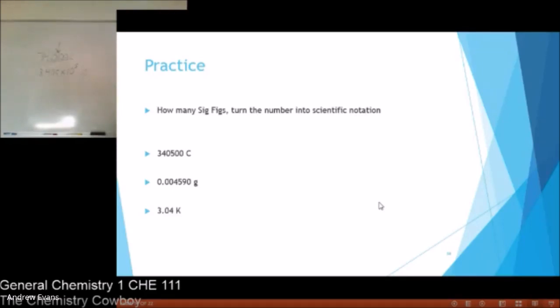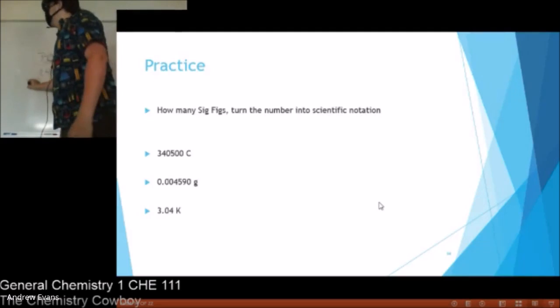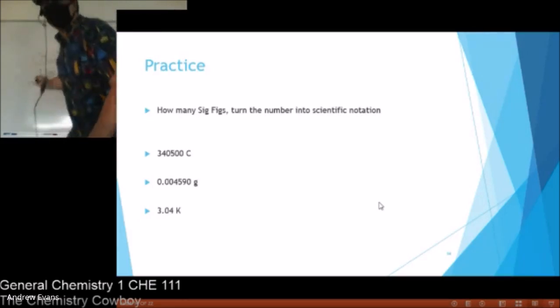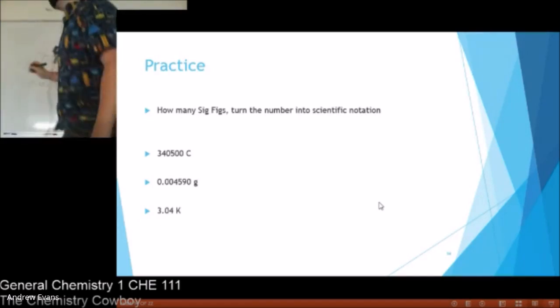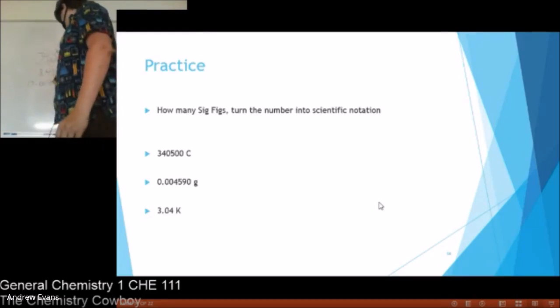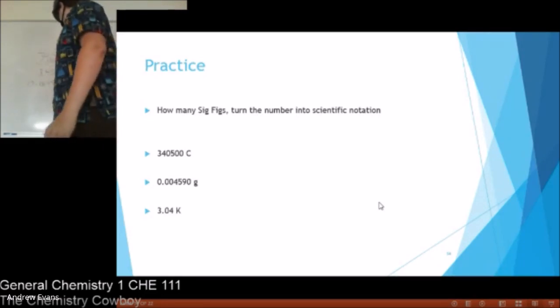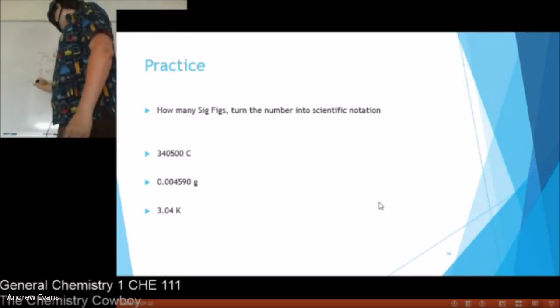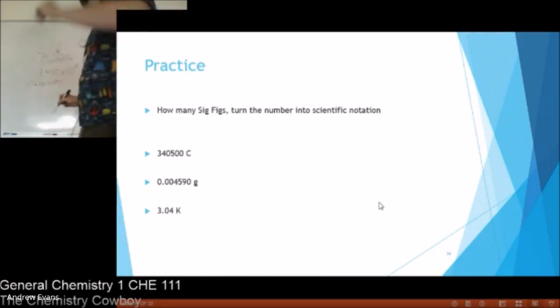So we keep only the significant figures, or the significant digits, while we turn this into scientific notation. The next one, 0.004590. One thing you should immediately note is a decimal, which changes the rules.